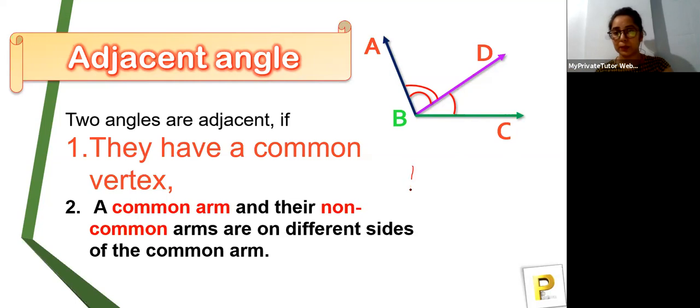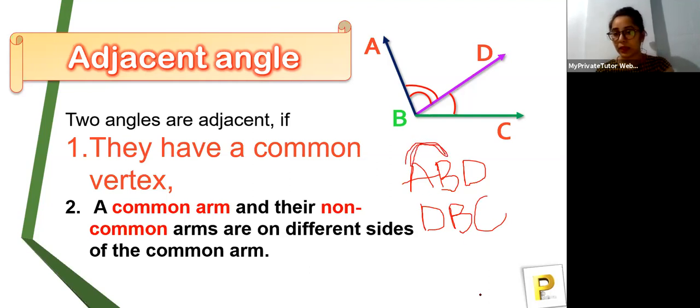Might be confusing, wait, I'll tell you. If you talk about A, B, D, and if you talk about D, B, C, there is an arm that is AB, and there's an arm which is BC, which is not present in both of them.